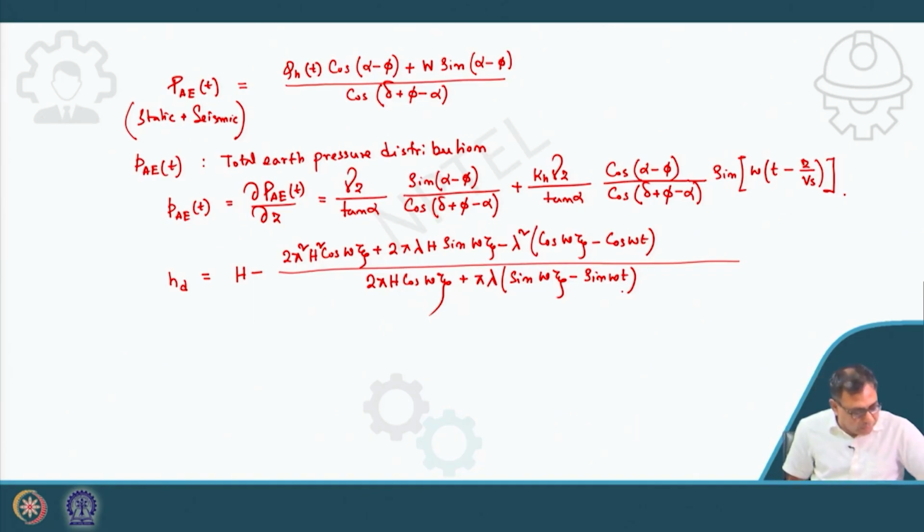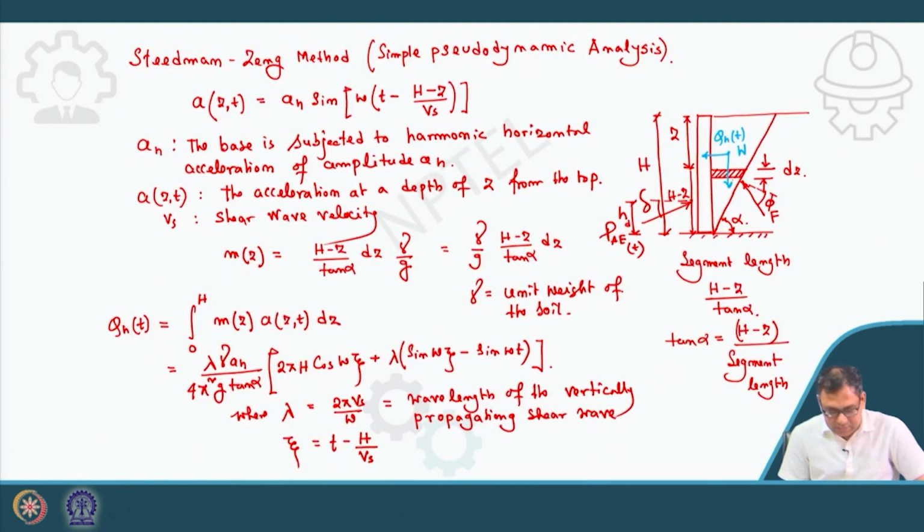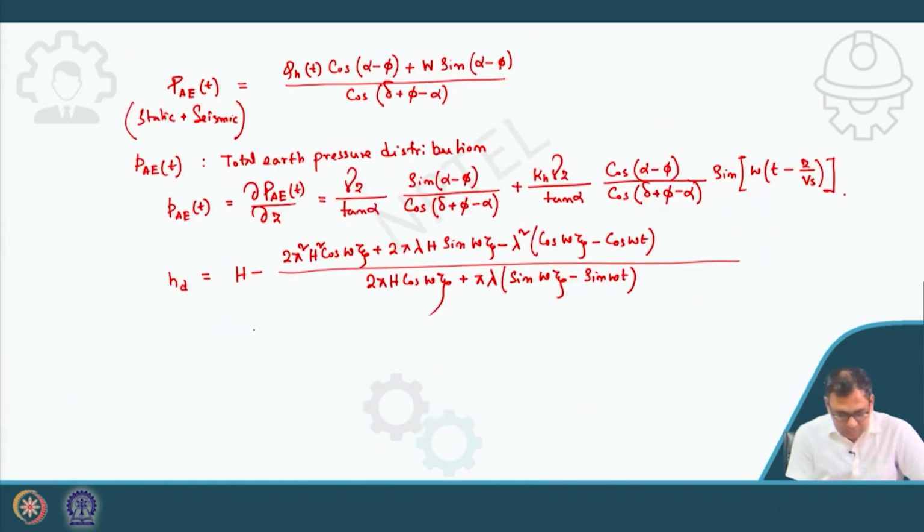Now, you can see the point of application of dynamic thrust for very low frequency motion. Very low frequency motion means very small h by lambda, and you will get HD exactly h by 3.